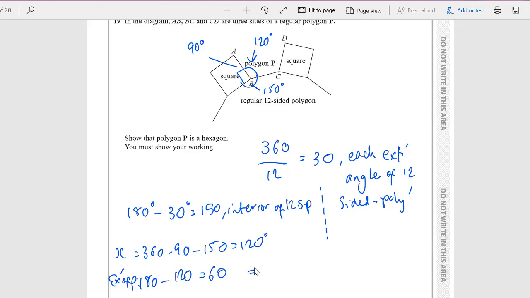So this implies that 360 divided by 60 gives you 6, hexagon, 6. So P has 6 sides. P is a hexagon.